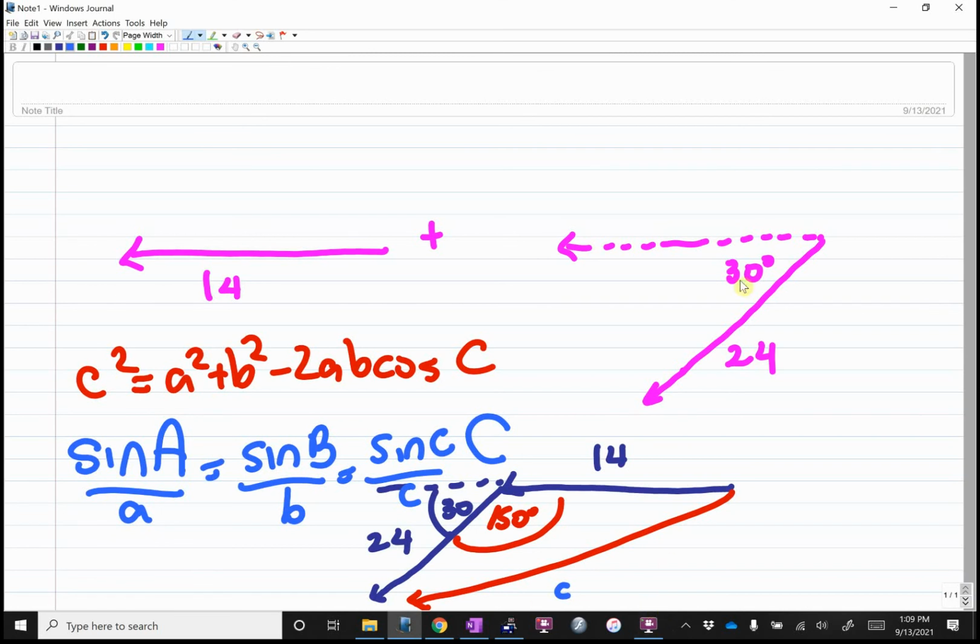Just go, you know it's 30 degrees on the outside, can you just make a 90 degree inside the triangle? What do you mean by a 90 degree inside the triangle? Not inside, but like, you know how the angle on the outside is 30 degrees? You're saying could you make that 60 degrees? Yeah. Wouldn't help you, because you don't know how long that is. But you're on the right track.